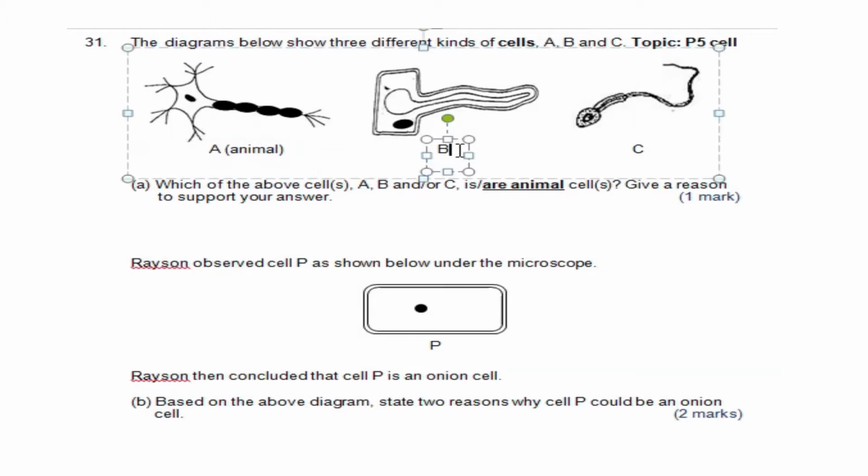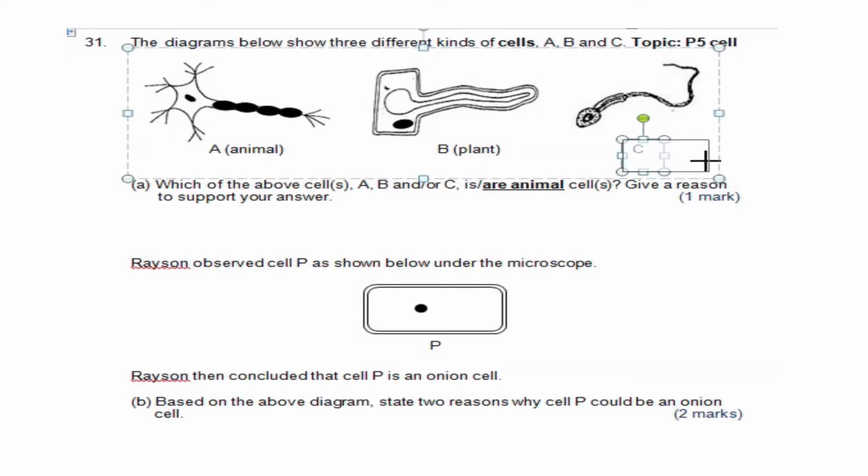Okay, and then let's take a look at B. B, can you see there's actually another layer on it, above it. So this is actually the cell wall, and the inner layer here is actually the cell membrane, right? Because of the presence of the cell wall, B would be a plant cell. All right, and let's take a look at C then.